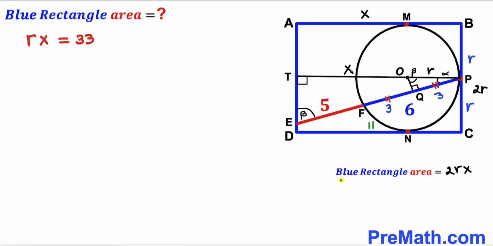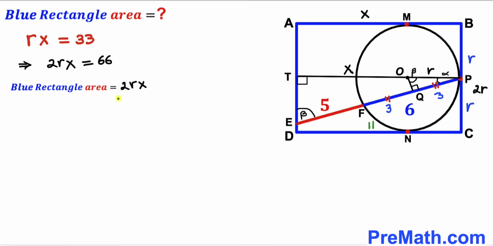Now let's recall this blue rectangle area as 2 times r times x. So I'm going to multiply both sides with 2. Our 2 times rx value turns out to be 2 times 33, which gives us 66. We know our blue rectangle area is 2 times rx, and our 2 times rx value is 66.